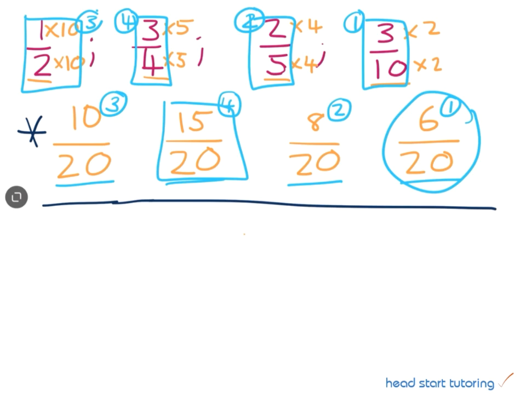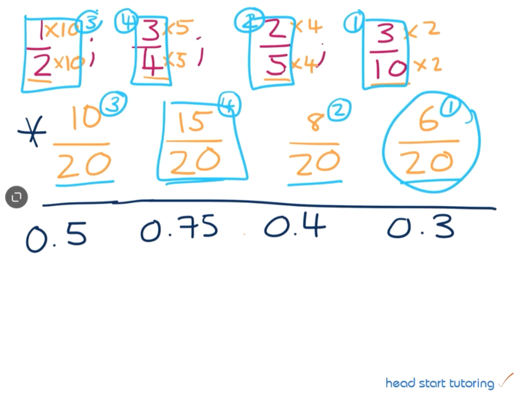So 1/2 is equal to 0.5 as a decimal. 3/4 is equal to 0.75 as a decimal. 2/5 is equal to 0.4 as a decimal. And 3/10 is equal to 0.3 as a decimal.